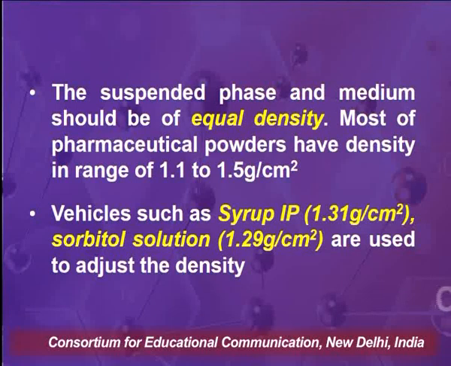Vehicles such as syrup IP, which is a flavored and sweetened vehicle and a vehicle of choice, generally has a density of 1.31 gram per centimeter cube, and the second choice could be sorbitol solution having a density of 1.29 gram per centimeter cube. These are the solvents of choice.